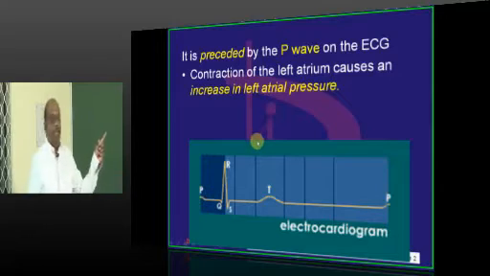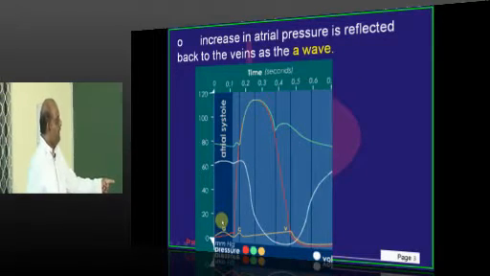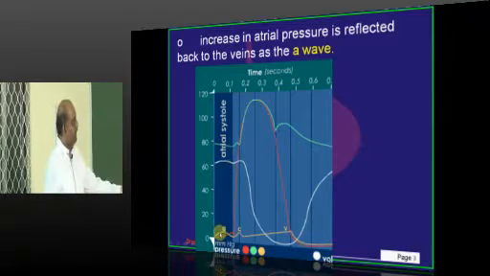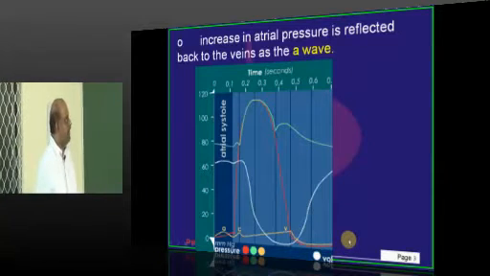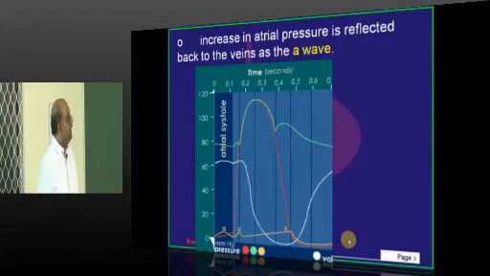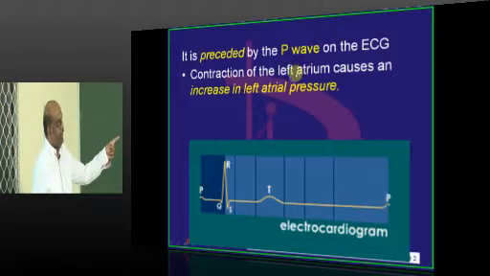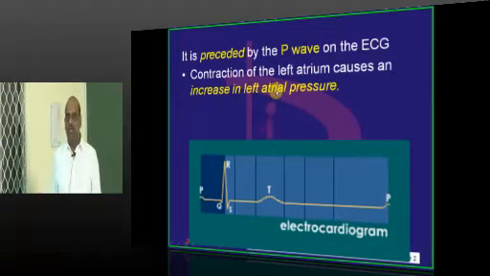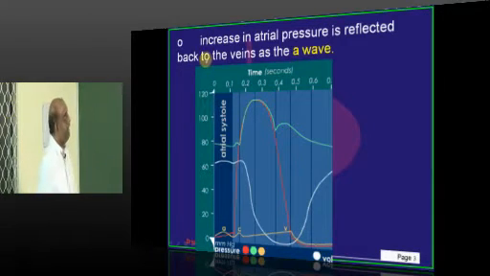And if you take the pressure tracing, where is the pressure tracing? Yeah, this is the jugular venous pressure tracing. These A, C, V waves are there, no? That is the jugular venous pressure tracing. Then inside the atria, if you place a probe and check, obviously atrial systole should cause a rise of left atrial pressure.